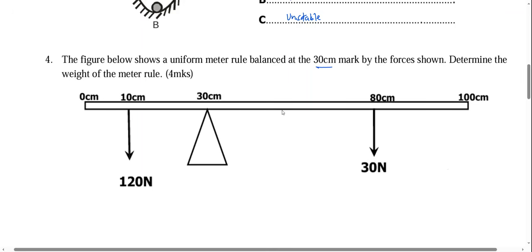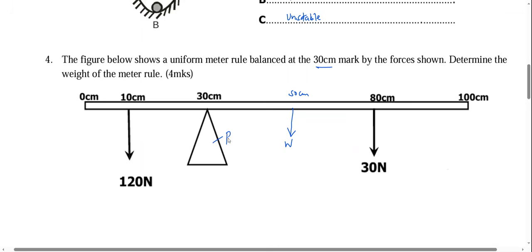So the meter rule is uniform. Therefore, the weight will act along its center. So let's assume that here it is the 50 centimeter mark because it is a meter rule. It's having 100 centimeters. Therefore, at the center is where the weight will be concentrated.